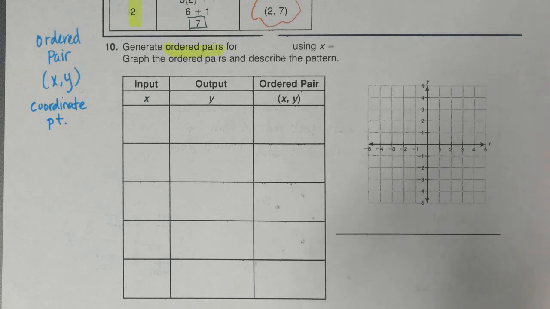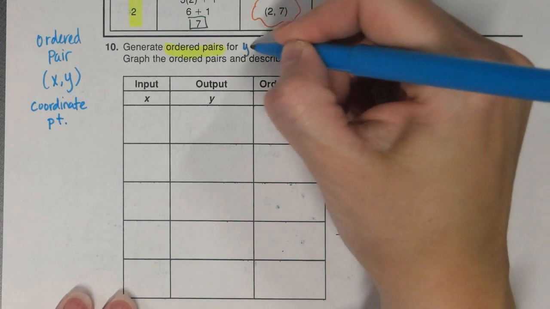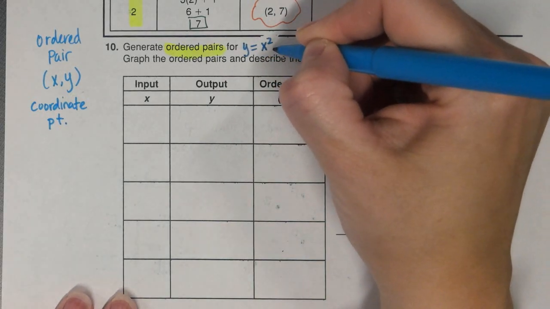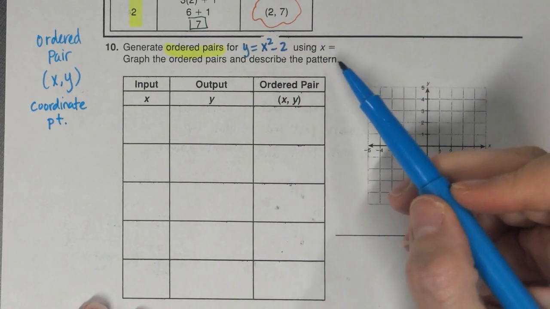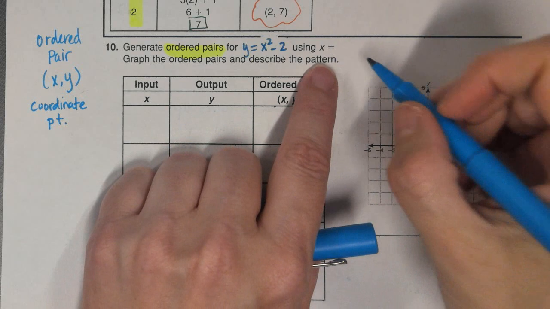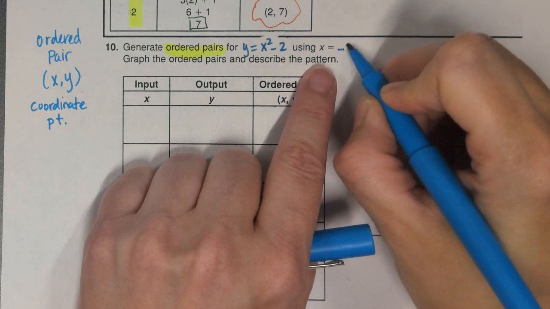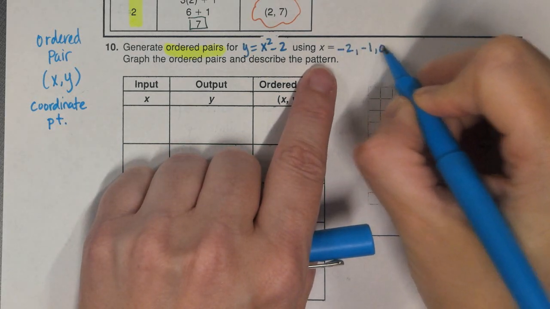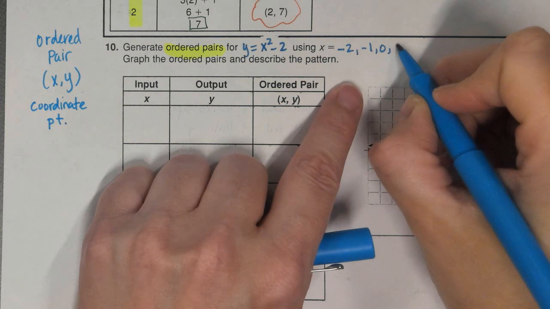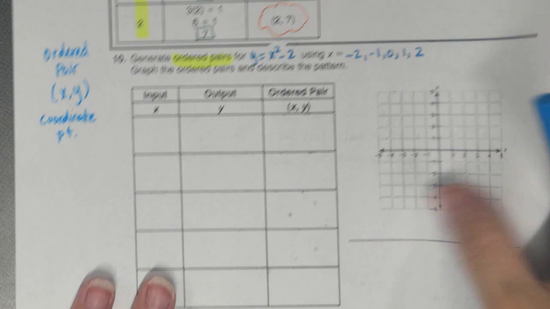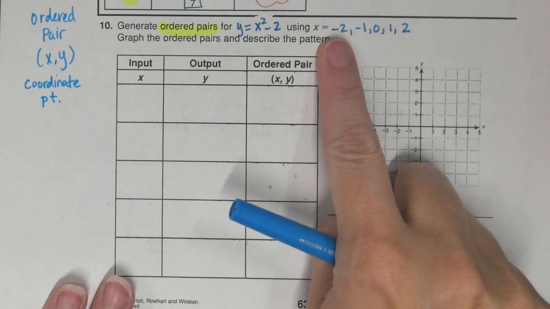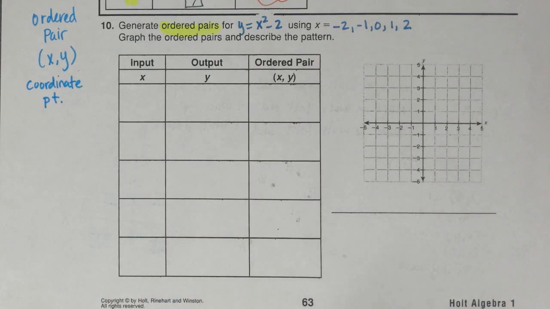All right, so our equation is y equals x squared minus 2, and we're going to use x equals -2, -1, 0, 1, and 2. So the very first thing I want you to do is put all the x values in the input column.